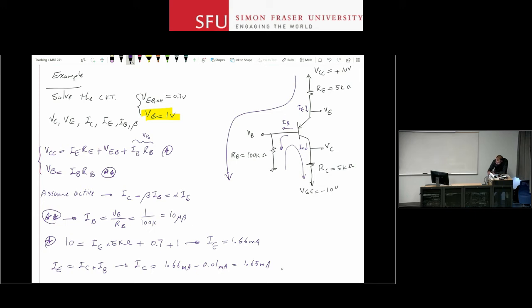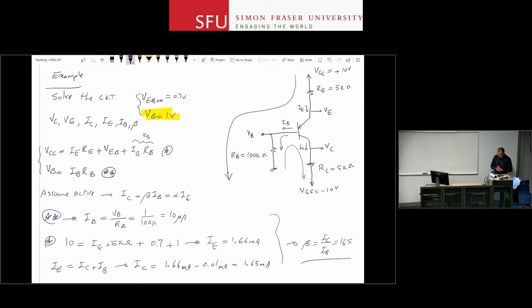Now I have IC, combining these two, then I can see that beta is the ratio of the two currents, IC to IB, and that's 165. So I solved that part. I'm still not too sure if my transistor is in active region. I need to come back and make sure that is the case, but if I just define beta to be the ratio of IC and IB, that looks to be the case.